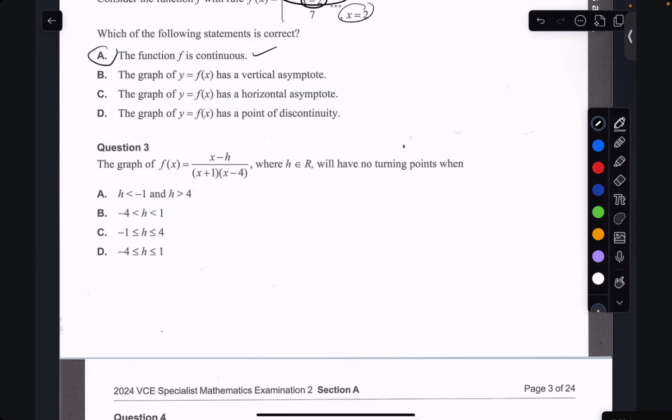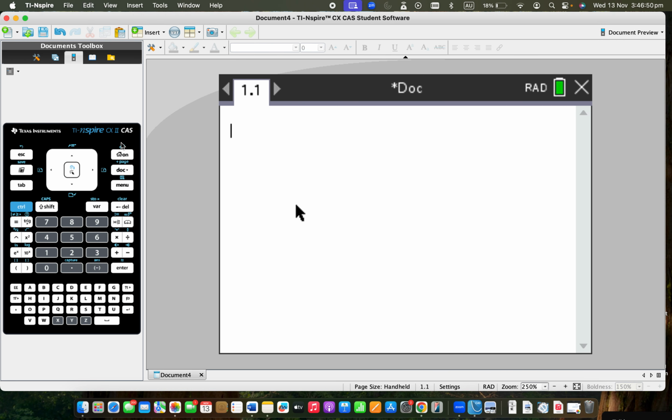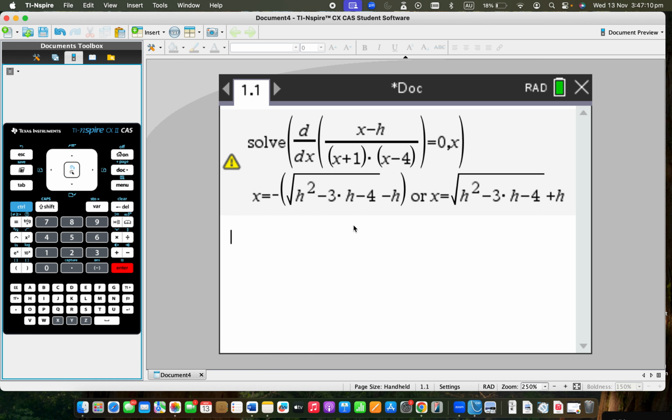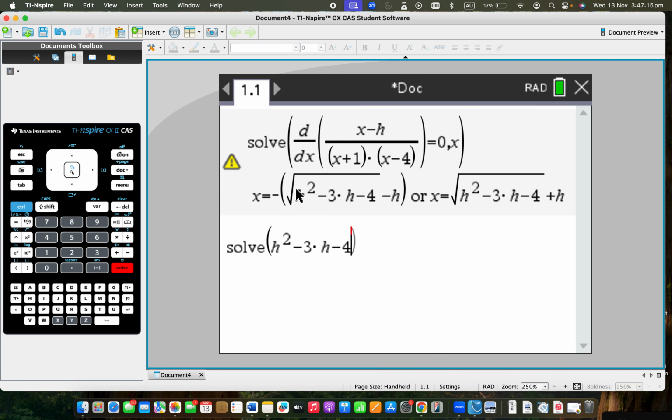The graph of f of x is equal to x minus h over that, and it will have no turning points. Right, so for no turning points, what we can do is solve the derivative of x minus h over x plus 1 times x minus 4 is equal to 0, and then solve for this to be less than 0.